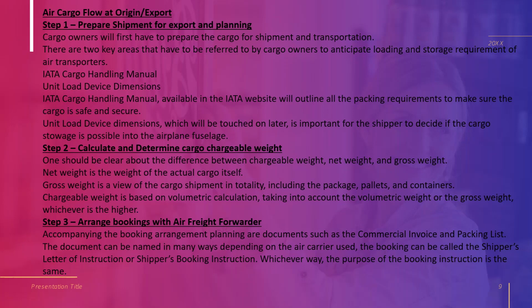They have to keep the material ready, packing. And there are two key areas that cargo owners have to refer to, to anticipate loading and storage requirements of air transporters: the IATA cargo handling manual and unit load device dimensions.